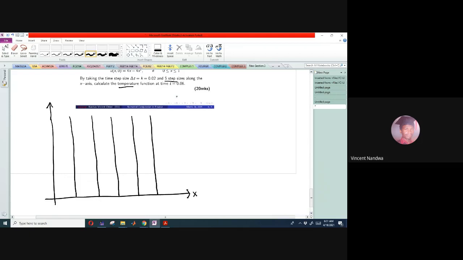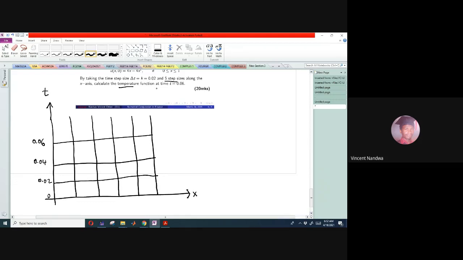They have told us to take each step along the vertical axis, the t-axis, to be 0.02. So this is 0, and when you add 0.02, you get 0.04, and when you add 0.02 again, you get 0.06.